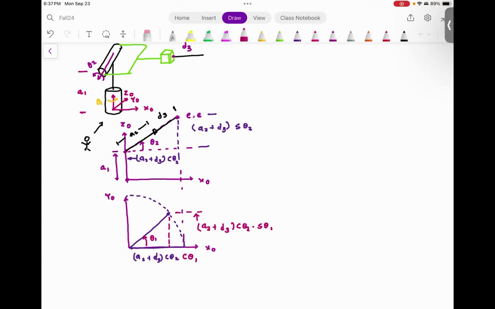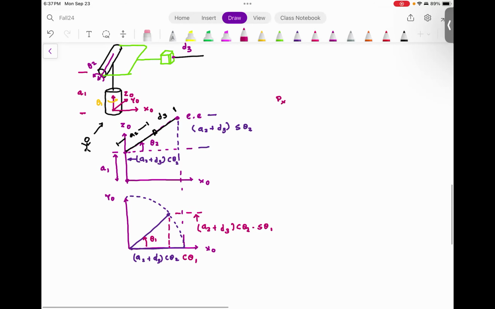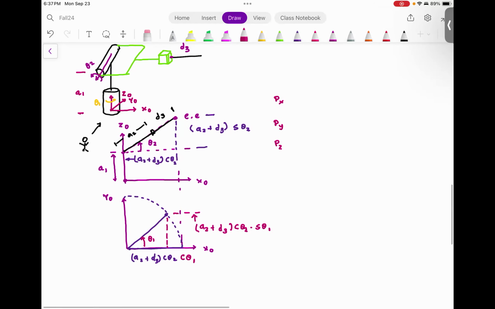Now please understand, when theta 1 is equal to 0, this would be your total distance, A2 plus D3 cosine theta 2. When theta 1 is equal to 90 degrees, your total distance is going to be A2 plus D3 cosine theta 2. In between, you have this right angle triangle, which means just by looking at the front view and top view, I can write the expression in closed form for Px, Py, and Pz.